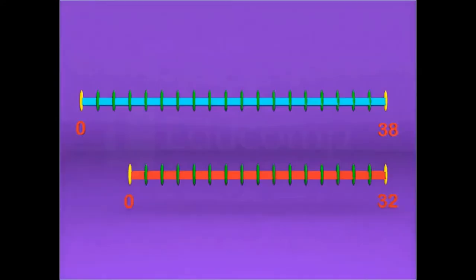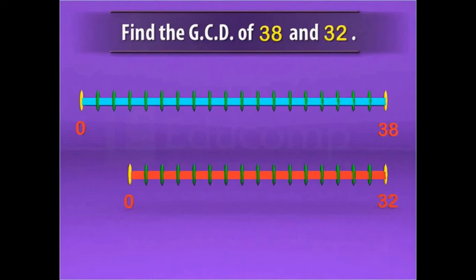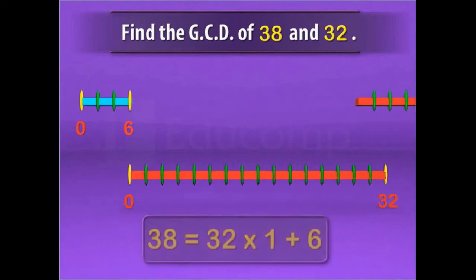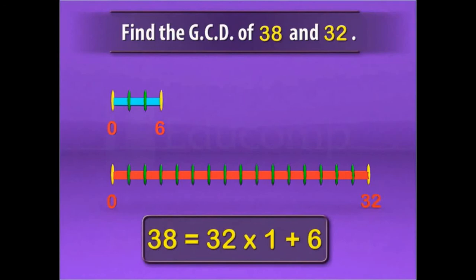Let us consider one more example. Suppose you need to find the greatest common divisor of 38 and 32. You can subtract 32 once from 38 so that the remainder 6 is less than 32. This step shows the use of Euclid's division lemma to 38 and 32.